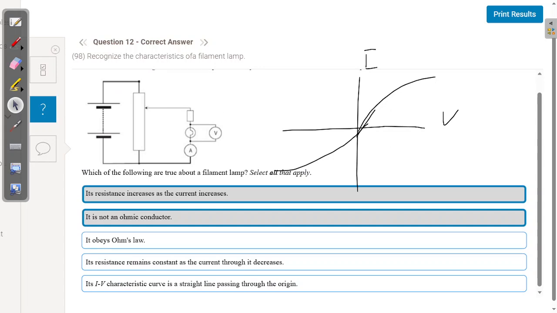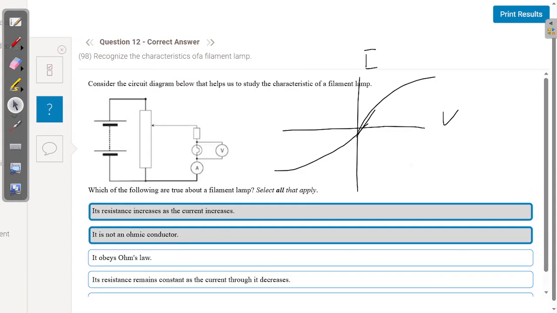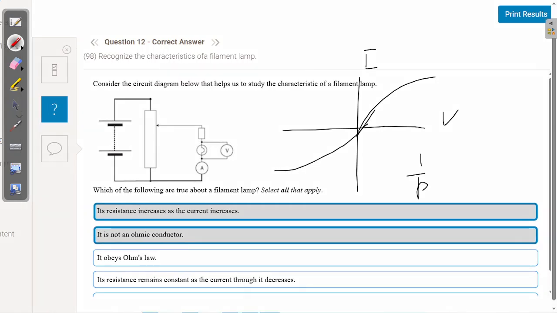When it starts to curve, it becomes flatter, which means that 1 over R is decreasing, because the slope of the IV graph is 1 over R. If 1 over R is decreasing, then R is increasing. So we can say that when the current increases, resistance increases.